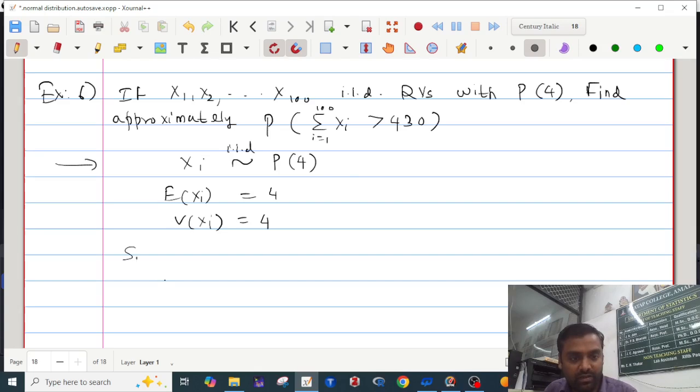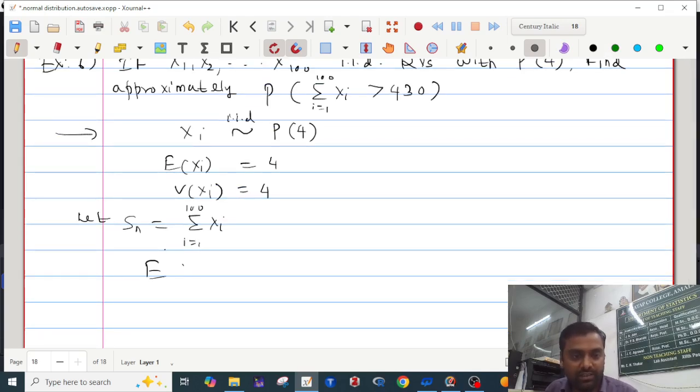So here let Sn equal summation Xi, i equals 1 to 100. Find out the expectation of Sn, which is nothing but expectation of summation Xi, which is summation of expectation. Expectation of Xi is 4.